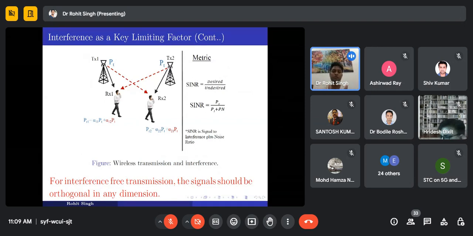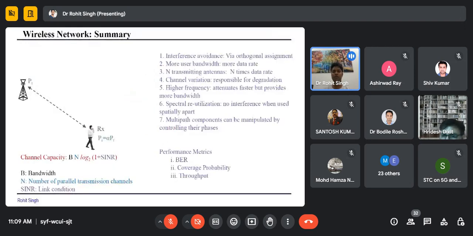Similarly, we can also create orthogonality in terms of frequency. If transmitter 1 is transmitting at some frequency f1, transmitter 2 can use some other frequency so that interference cannot take place. The same time and the same frequency lead to interference. To avoid interference, we need to provide orthogonality among the users.